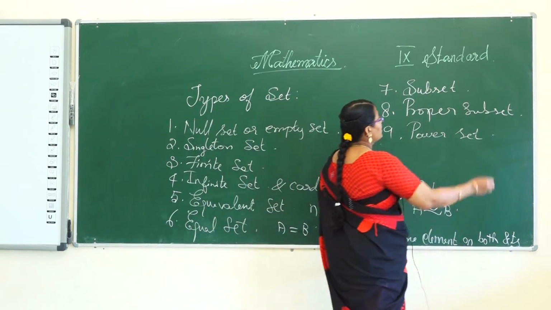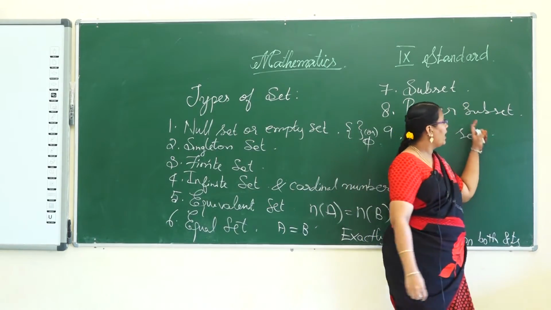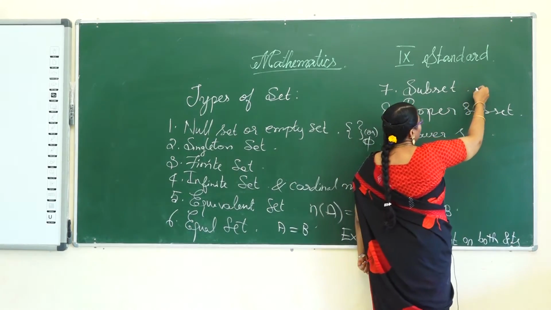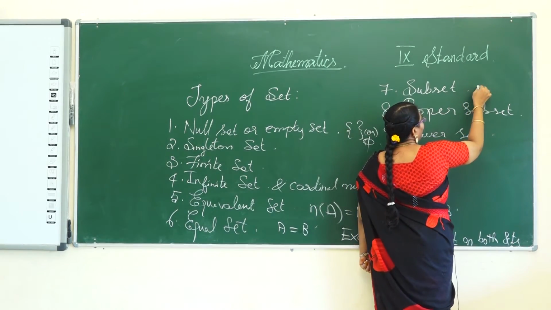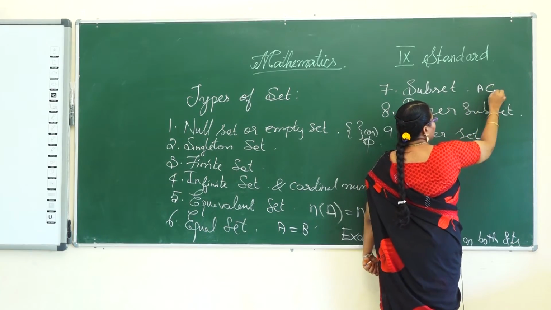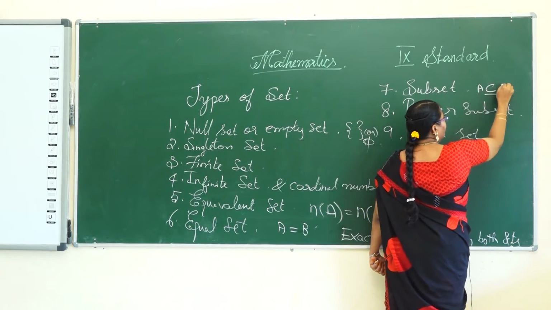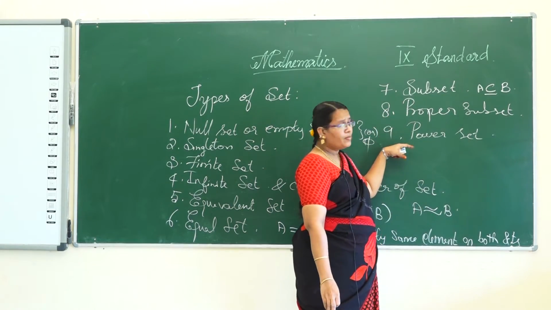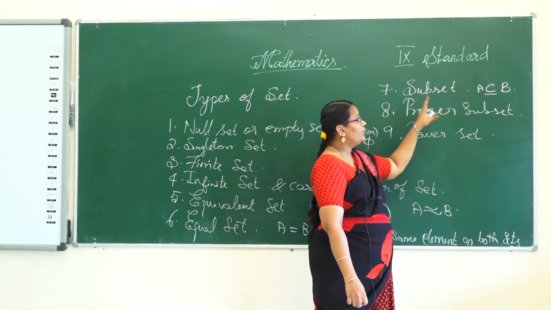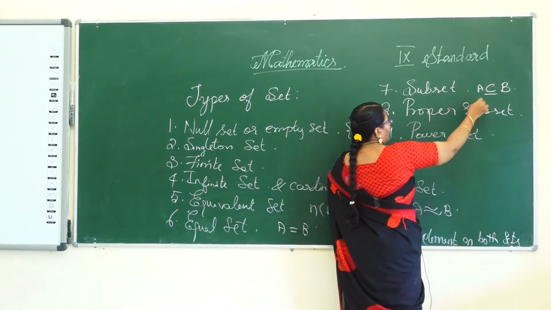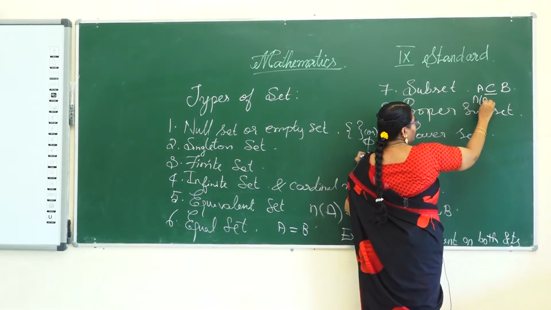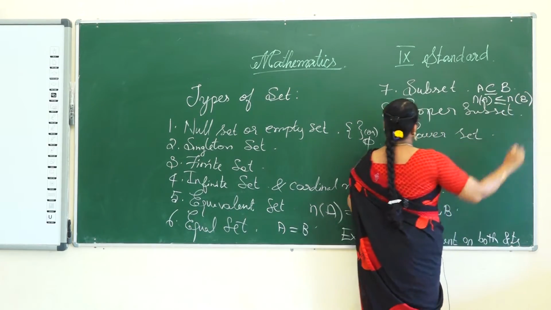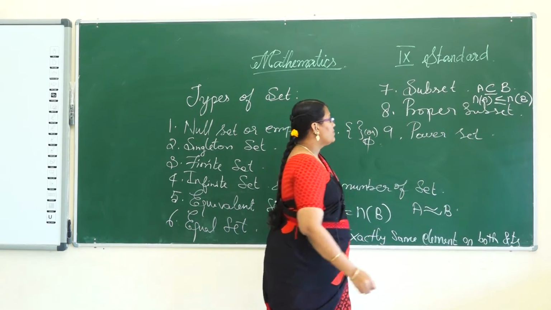And then subset. Every element of A has to be in B is called the subset. It is denoted by A subset of B. Always n of A is less than or equal to n of B. And next one, proper subset.